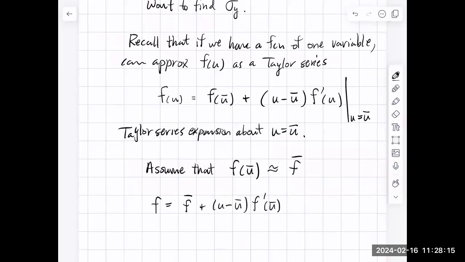Okay, and so we're just going to make some little manipulations here. So therefore, F minus F bar is equal to U minus U bar F prime at U bar.